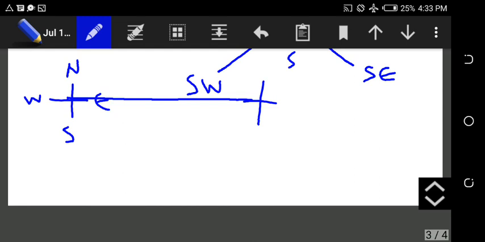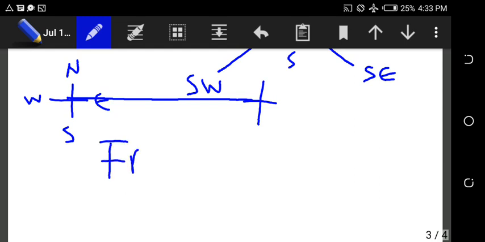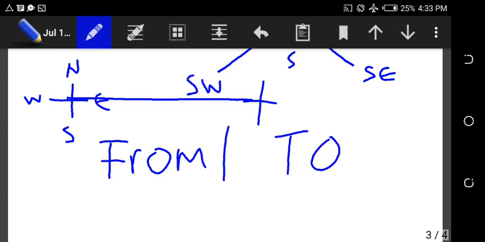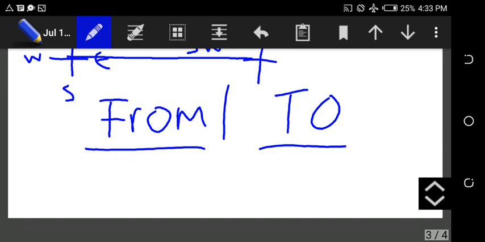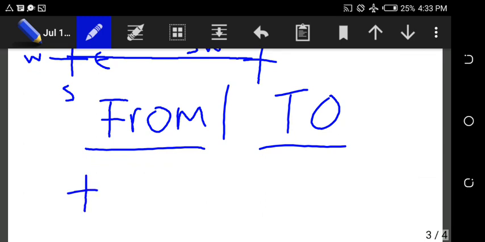Let's look at the words from and to. So these two words, from and to, you need to be careful of how they are used. From, for example, let's make a drawing to illustrate that.